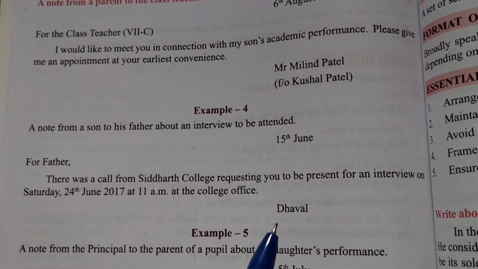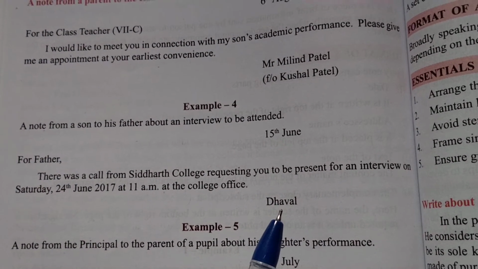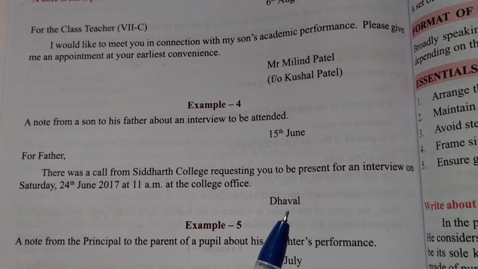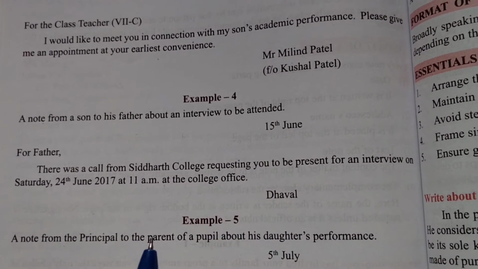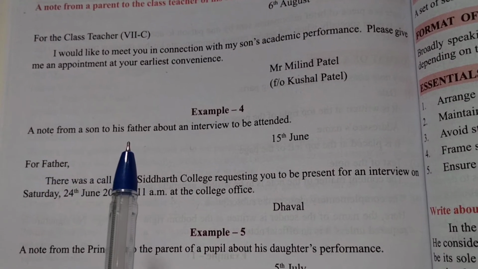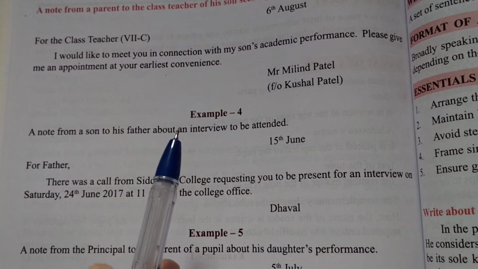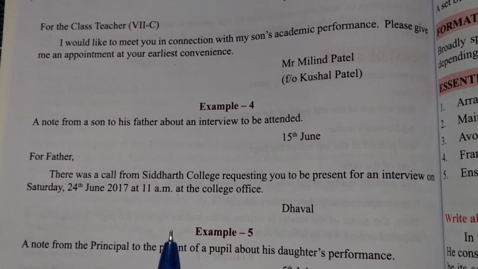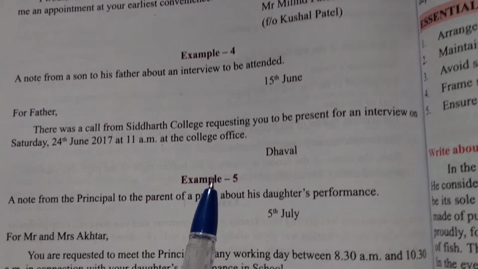And next the sender name, Dhaval, is written at the bottom right hand side. So a son is writing a note to his father about the interview which he has to attend. So in such a way we can write a note.